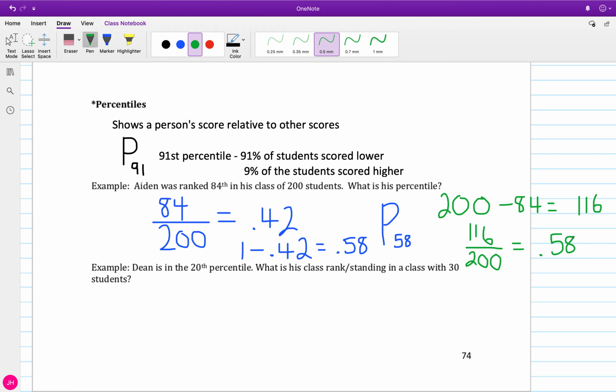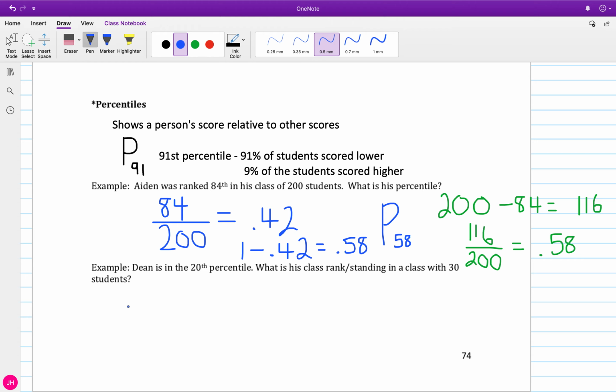My next example, we're going to go backwards. I'm going to give you the percentile, and we need to figure out the class and the ranking. Again, this one's going to have two different ways to work it. The order isn't important, but the operations are. Since I'm dealing with a percent, I don't have to divide. I've already done the division part because I've given you the percentile. So I'm going to do the opposite of that.